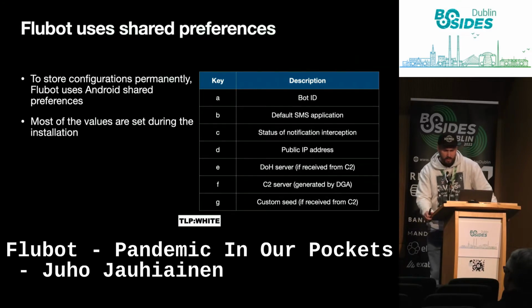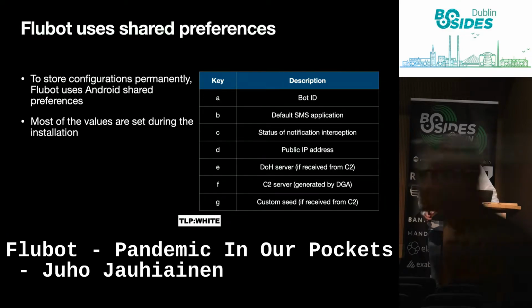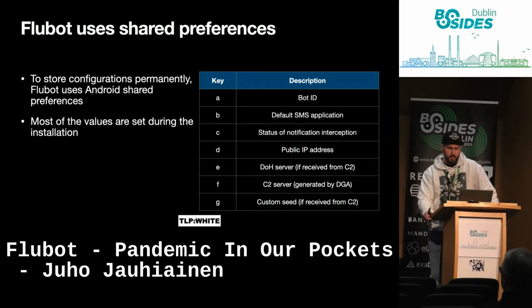And one of the things is bot ID. This is the way the attacker can specify which device is calling back to the C2. And this is unique for phones. So a lot of interesting information.